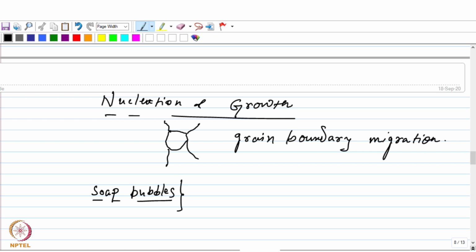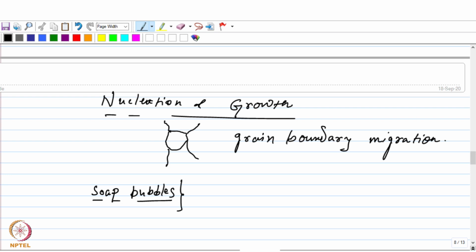Okay, so here if you look at the soap bubbles carefully, they also look like grains, right? The bubbles which form in a froth, for example, can be considered similar to grains because there also you have boundaries between them, and those boundaries have their own energy. So there is an interfacial energy involved, and across the boundary this energy is different, right?